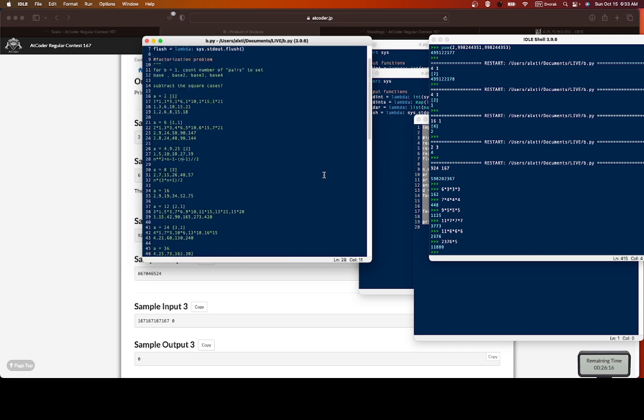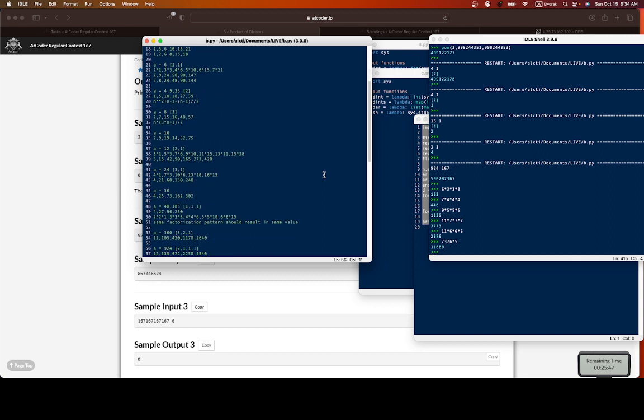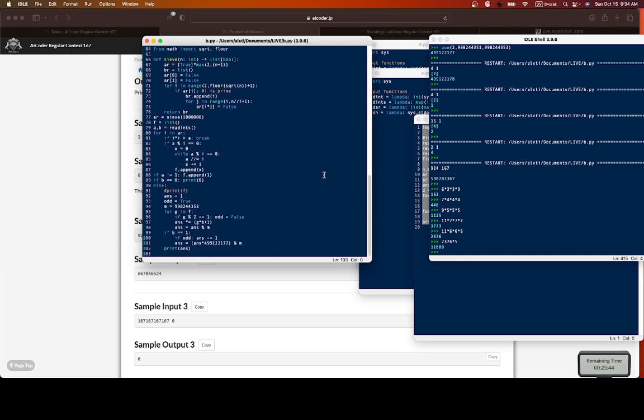Something like 2. You get 4, 5. 5, that's doubled, and then you're going down. 7 times 3, 21. Yeah, okay, if it's an odd value, then we go like this.